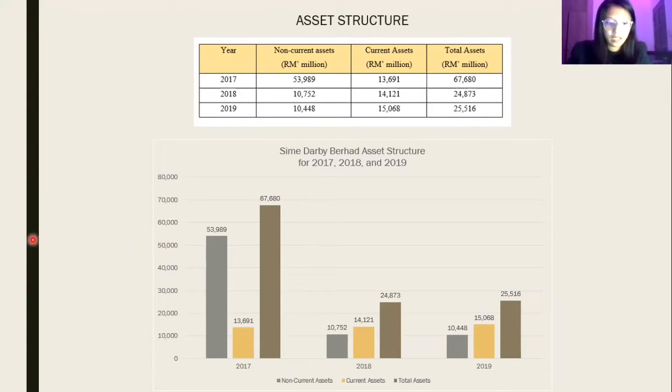However, the current assets continue to increase between 2 to 3% for each year, which means from 13,691,000 ringgit to 14,121,000 ringgit in 2018 and 50,068,000 ringgit in 2019. So I'll pass to Hafiz to talk about the financial structure.